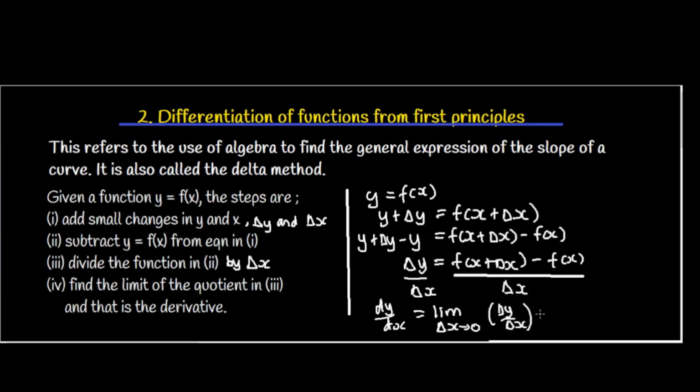This is the same as the limit as change in x approaches 0 of f of x plus change in x minus f of x, divided by the change in x. By so doing, we have found the derivative, dy/dx, from first principles.